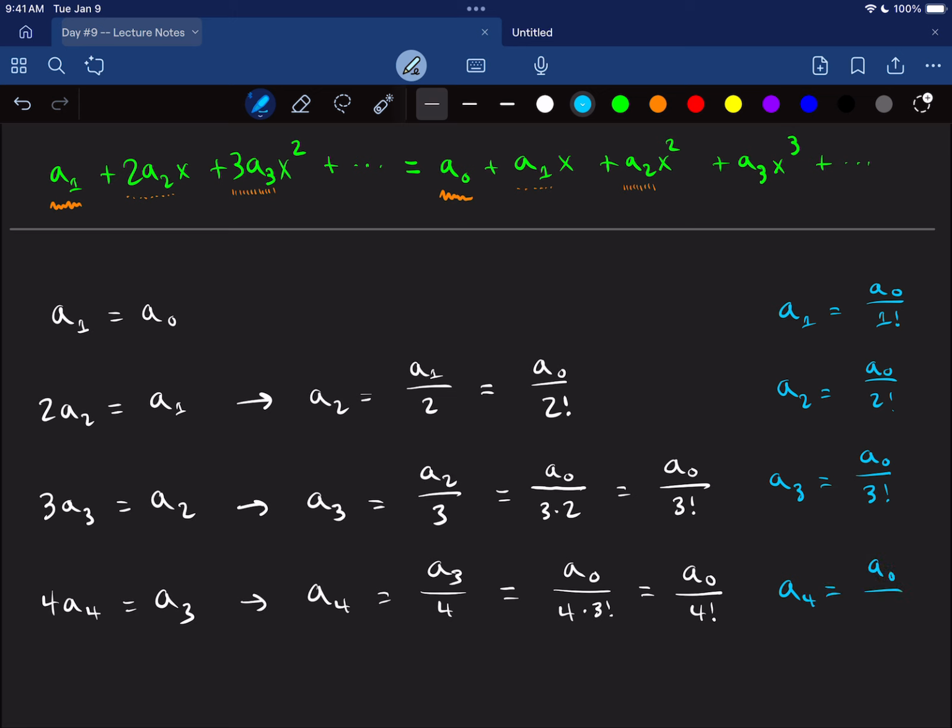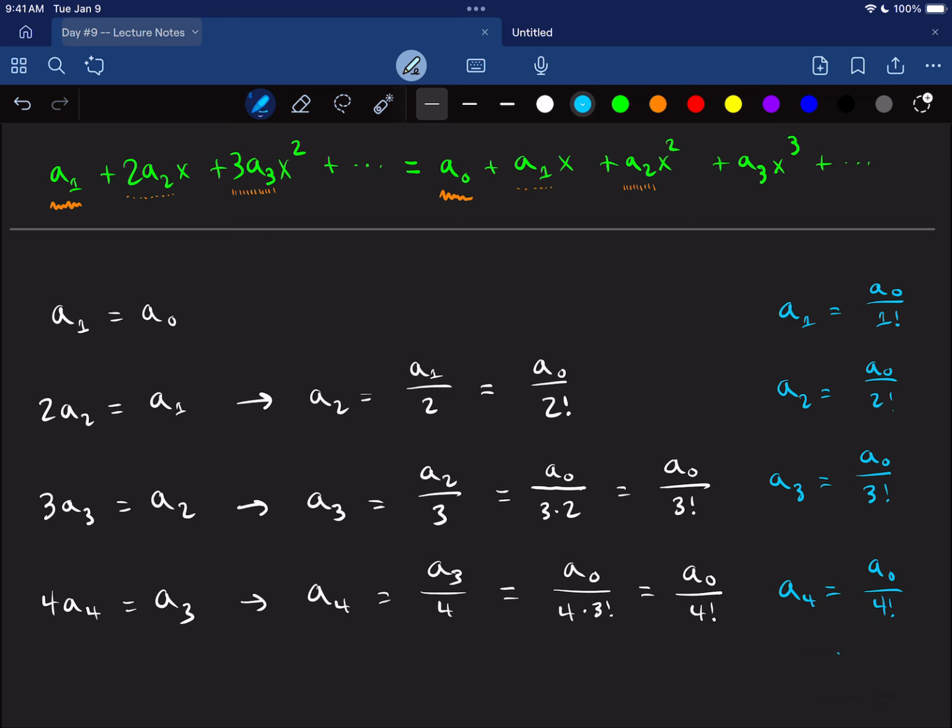We're writing everything in terms of a naught, and this helps us find a formula for a sub n. A sub n, this is certainly just a guess, is going to have this format of a naught divided by n factorial.